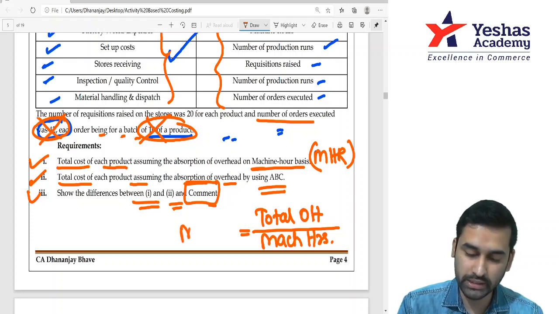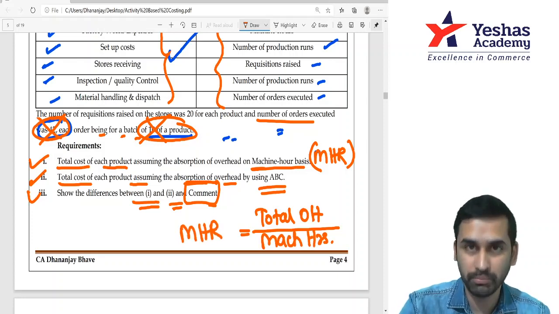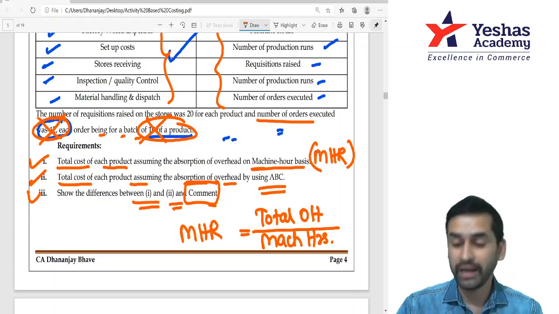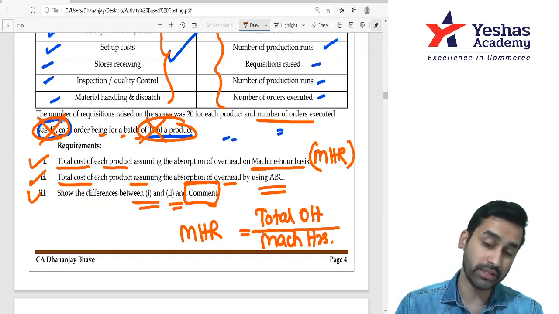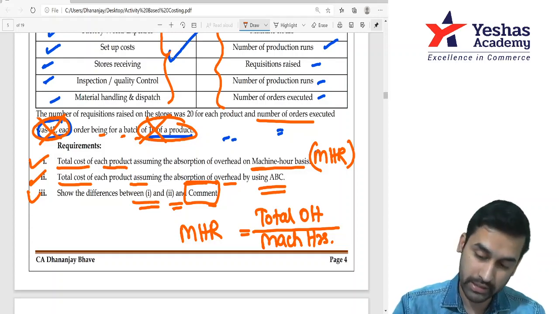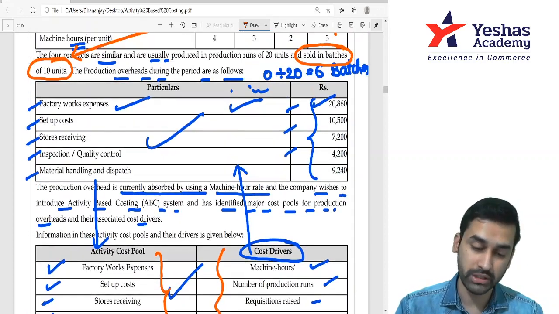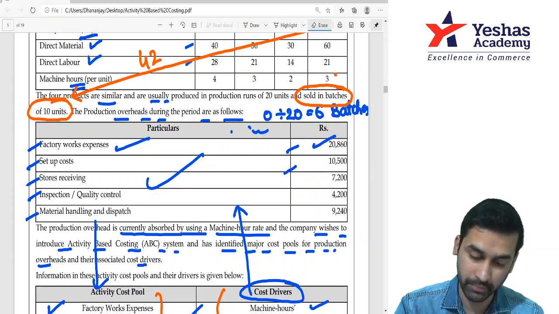Correct? Because you only said that machine hour rate means estimating overhead based on machine hours. Therefore, calculate how much is total overhead and divide that by total machine hours. Correct, sir. How much is total overheads? How to calculate? Sir, if you go up in the table, okay. Which table? Sir, second table. Okay, second table. I am here in second table. Right.